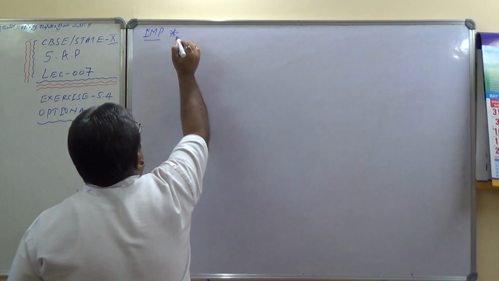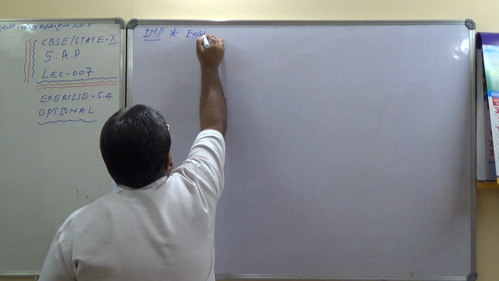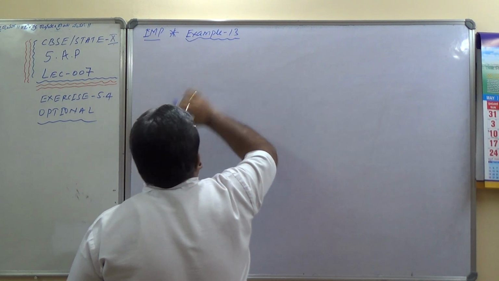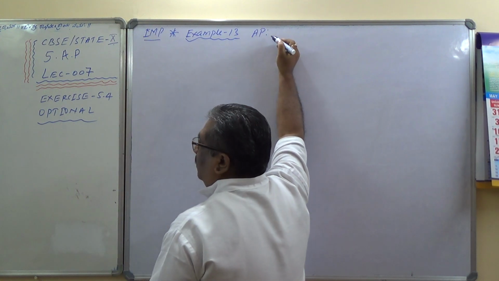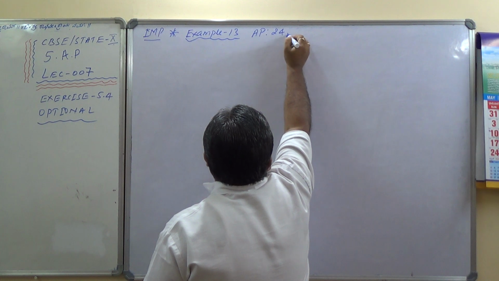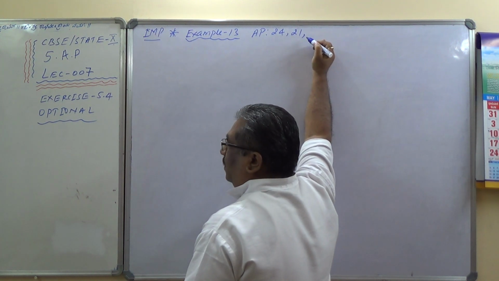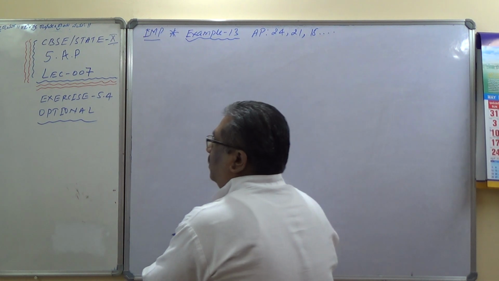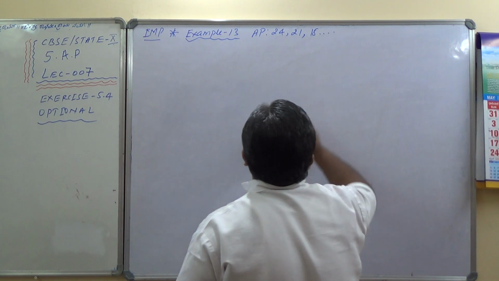Star marks in example 13 here. There is an AP given to us, 24, 21, 18, continues. How many terms of this AP should be taken so that their sum is 78?